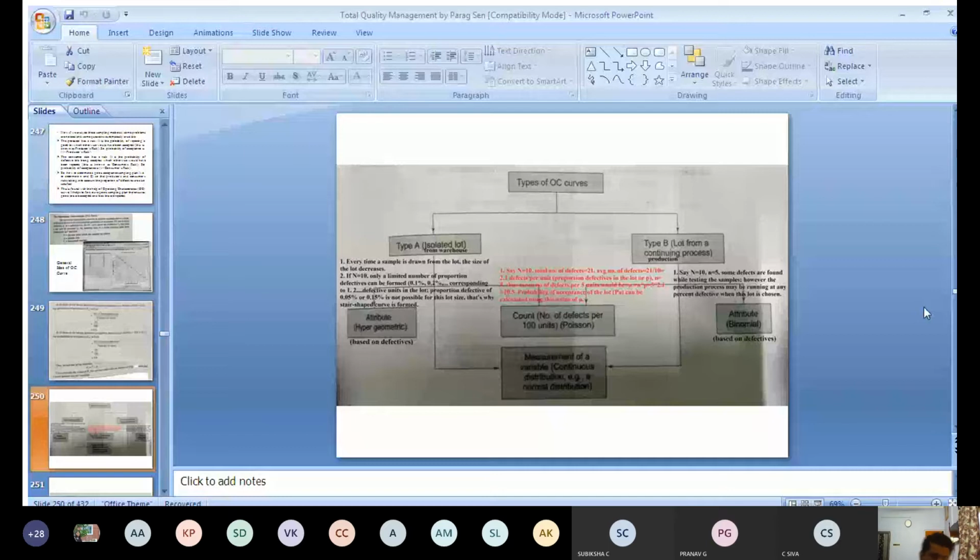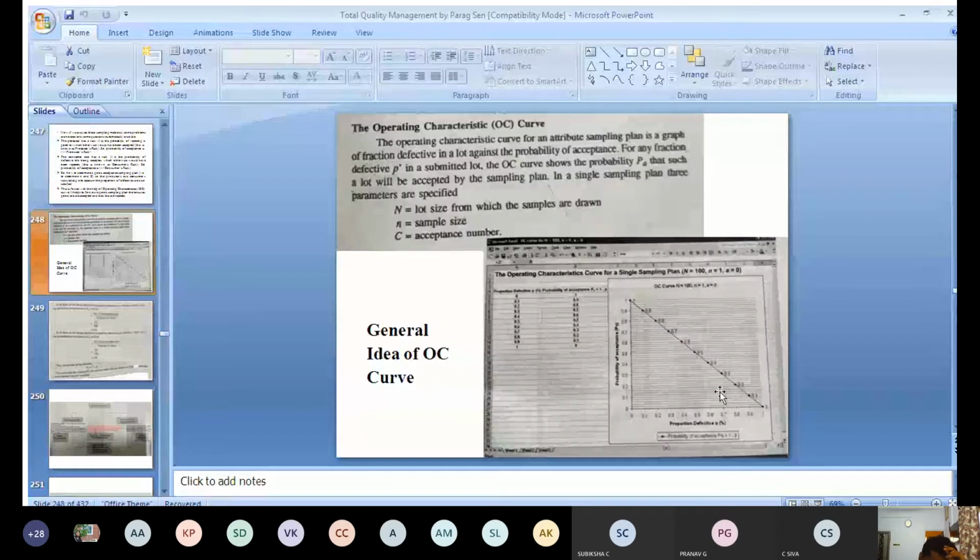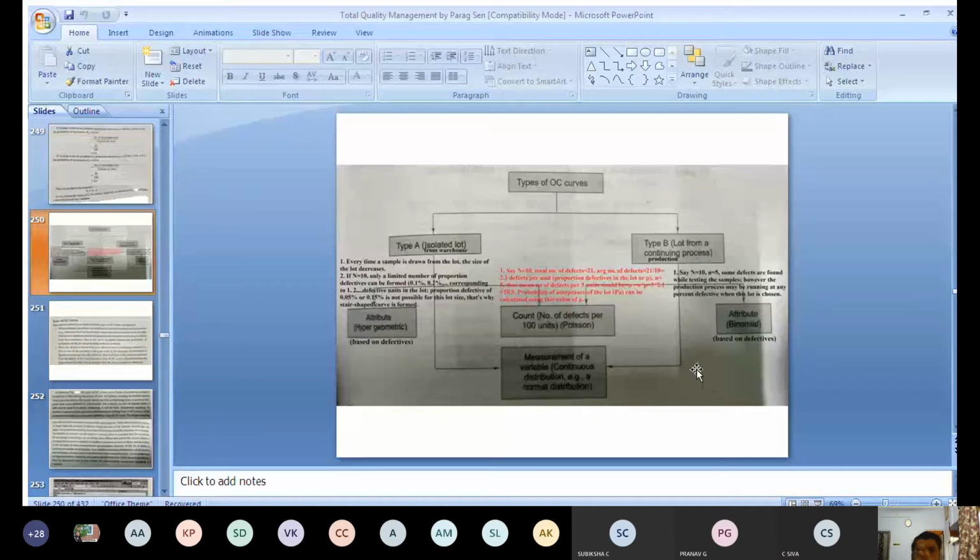And that's why along the x-axis we are representing proportion defectives in the lot, or the defects per 100 items. So these are three different types of operating characteristics curve.